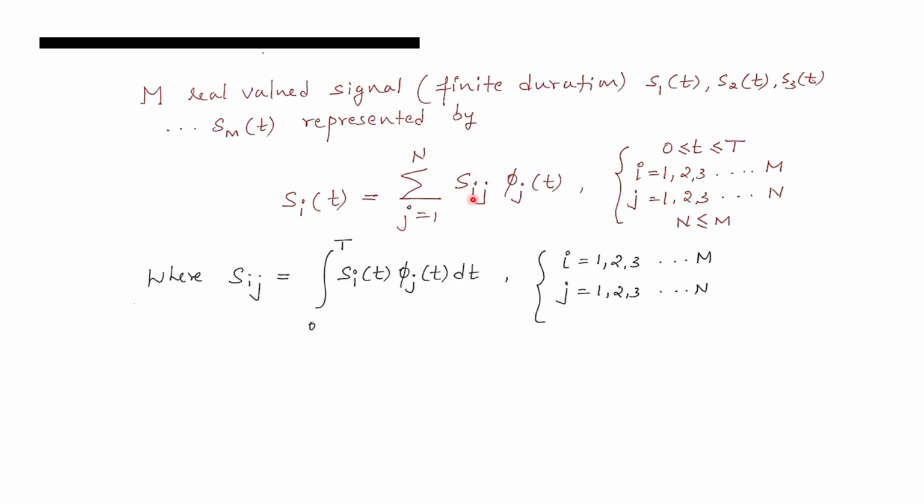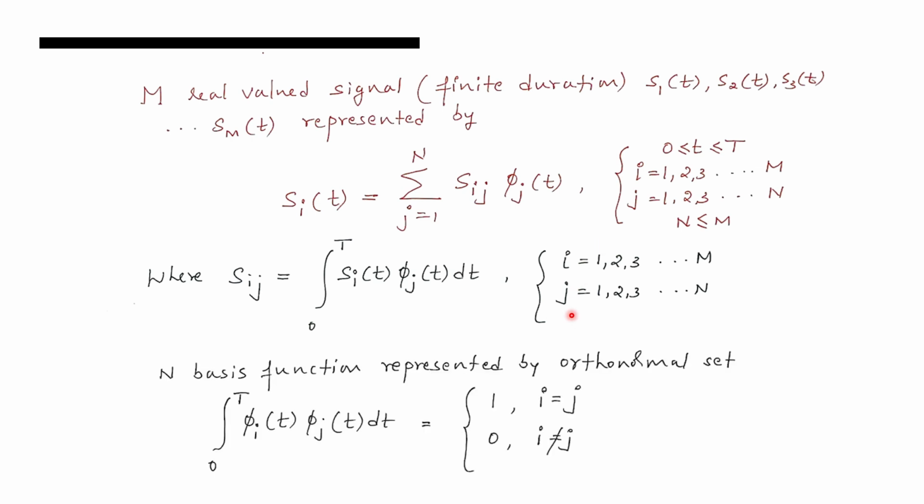Here Sij, the vector value, is defined by this equation, that is I am multiplying the given finite duration energy signal with the basis function and integrating over t duration for this constraint.